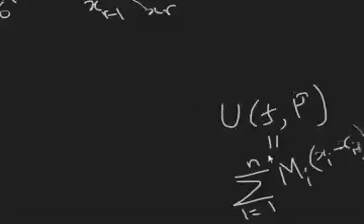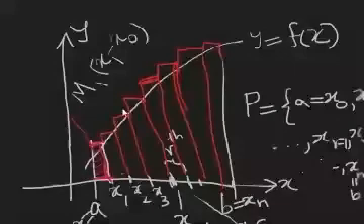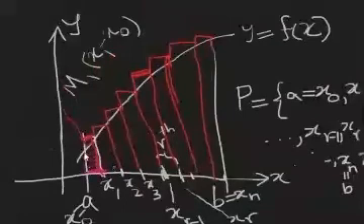That number gives you the sum of areas of these rectangles. That number is bigger than the area under this curve over this interval AB.